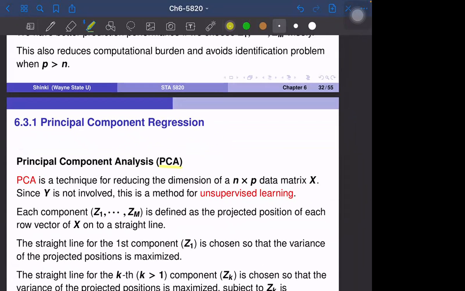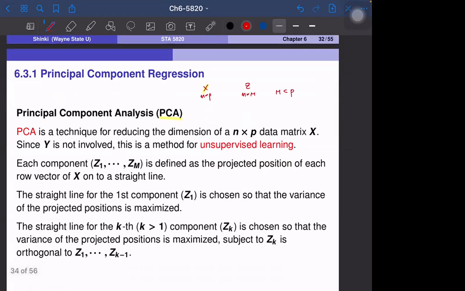So PCA is a technique for reducing the dimension of the n by p data matrix X. So basically X is n by p, but we summarize this into Z. Z is n by M, and M is much smaller than p. And to define Z, Y is not involved. So that is one important point of PCA.